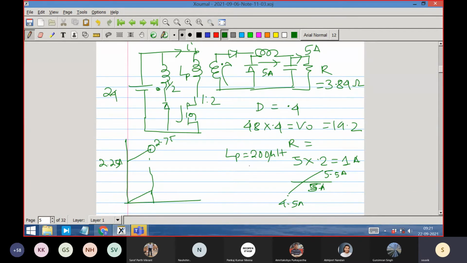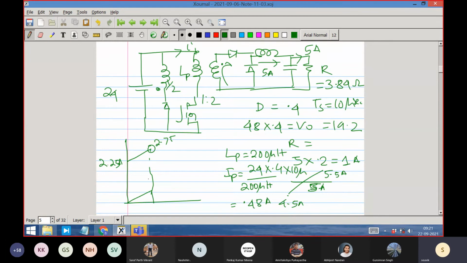I peak is 24 divided by 200 microhenry, into 0.4, into 10 microsecond, where TS is equal to, let us say, 10 microsecond. So I peak is 24 into 0.4 into 10 divided by 200. So I peak is 0.48 ampere.